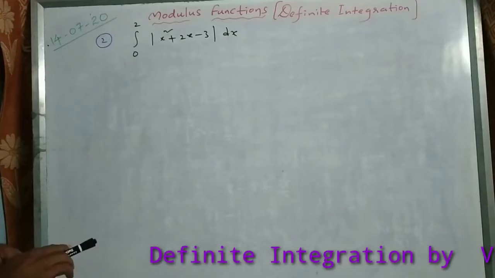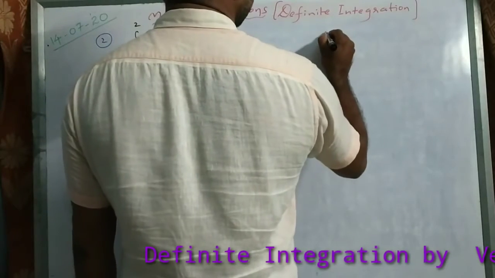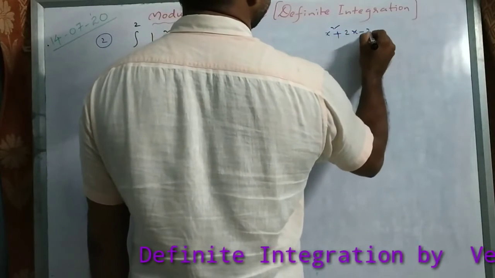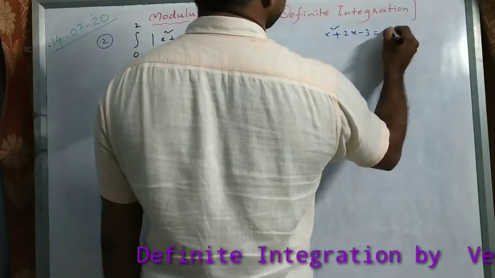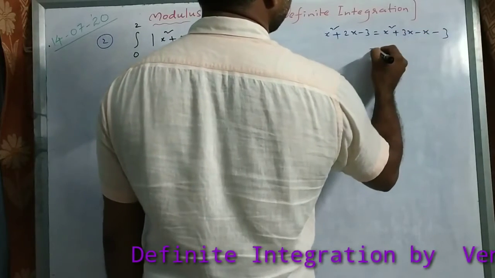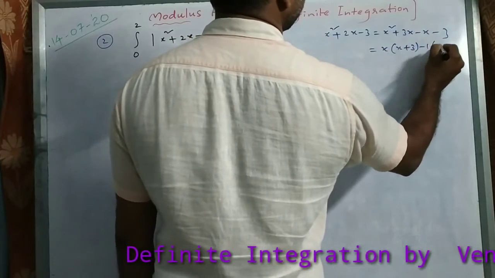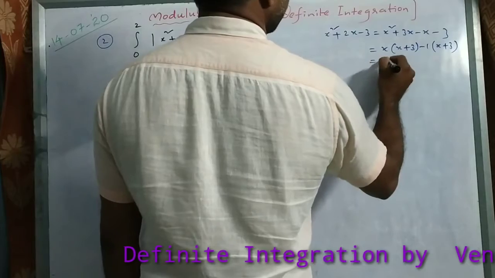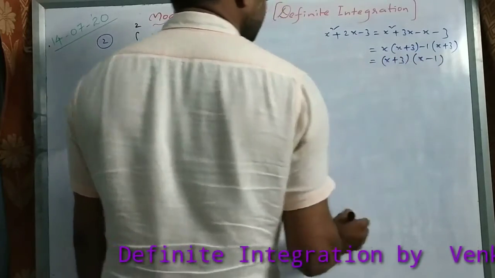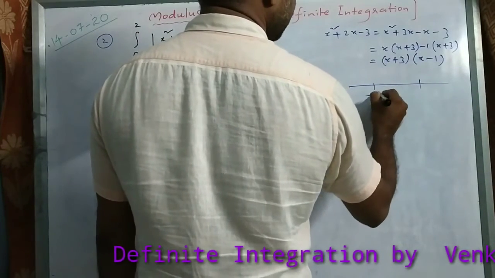For doing this, first let me find out the stationary points. x square plus 2x minus 3. Factors: x square plus 3x minus x minus 3. x take common, x plus 3, minus 1 of x plus 3. So x plus 3 fully common, x minus 1. So what are the stationary points here? Minus 3 and 1.